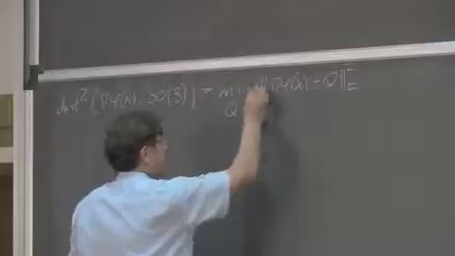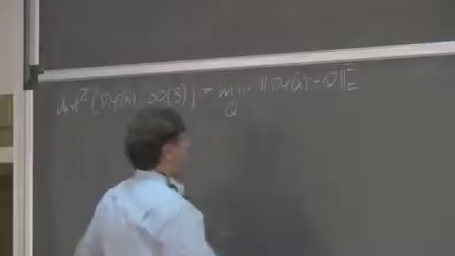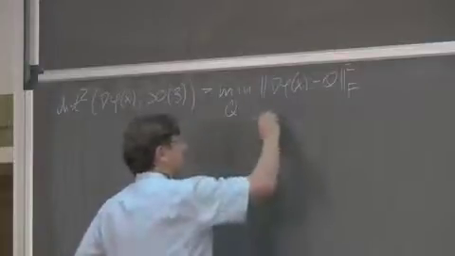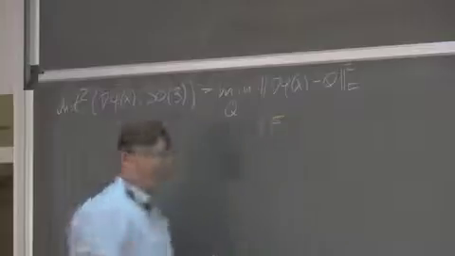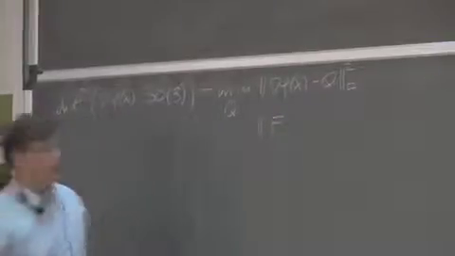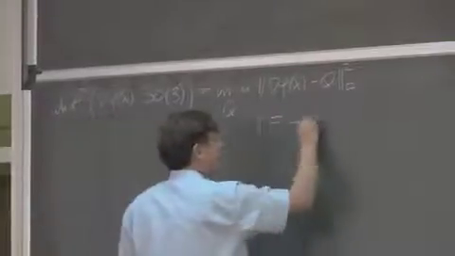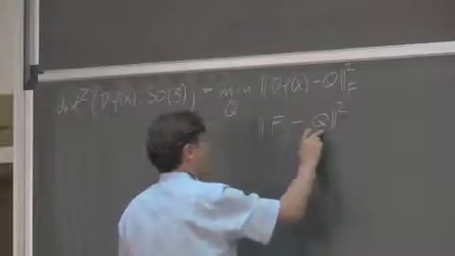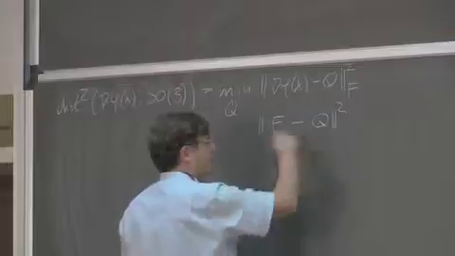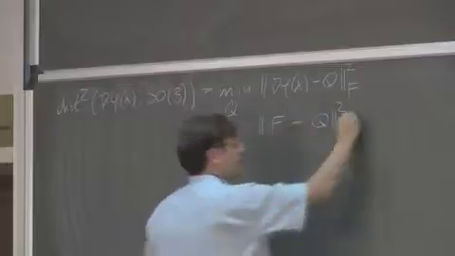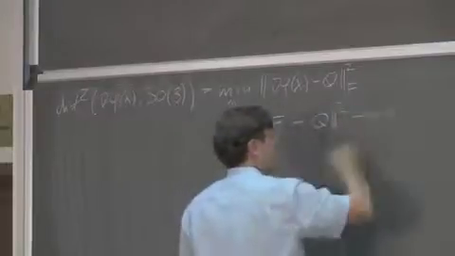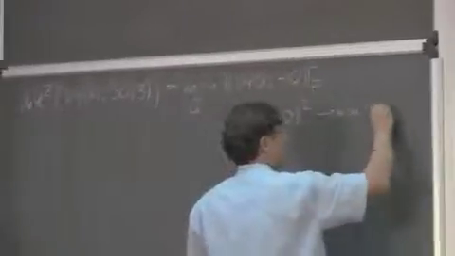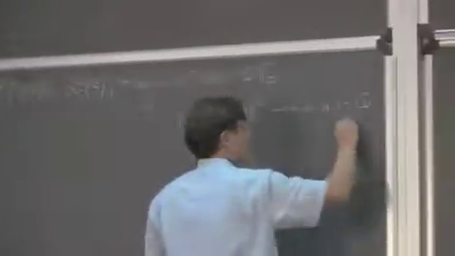Now this is an algebraic question. Given locally a deformation gradient, which I now abbreviate with F, and the distance to rotations, what is the best rotation at given F to make this smallest? Make this smallest with respect to Q in SO3.